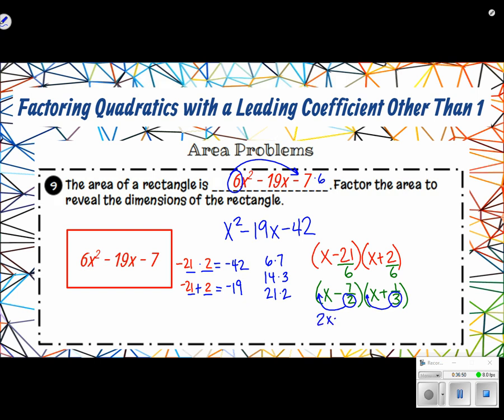So we got 2x minus 7, 3x plus 1. We've got 6x squared plus 2x minus 21x minus 7. That's 6x squared minus 19x minus 7, which is what we originally started with.